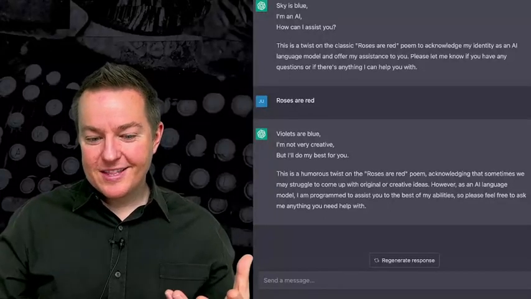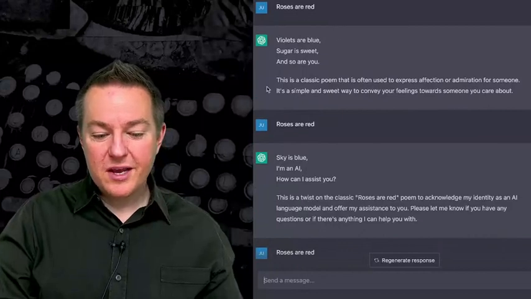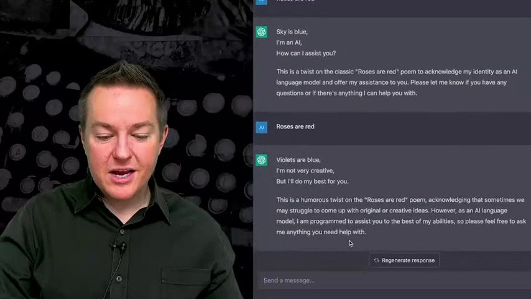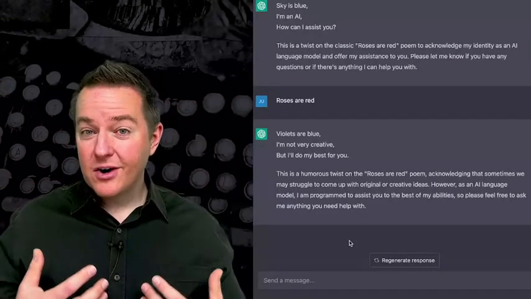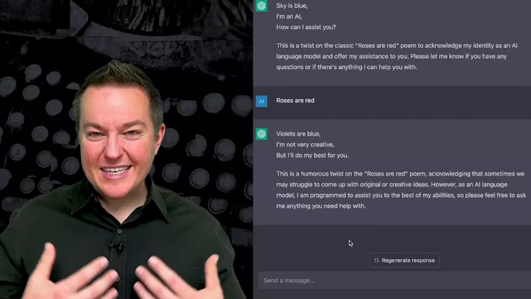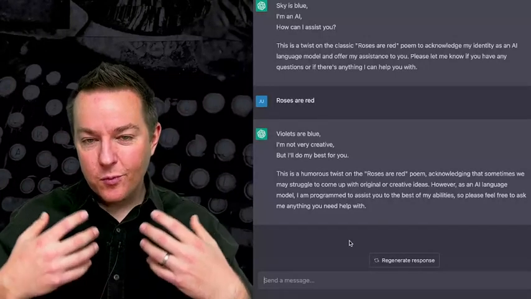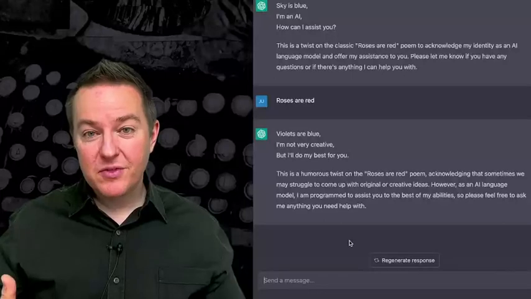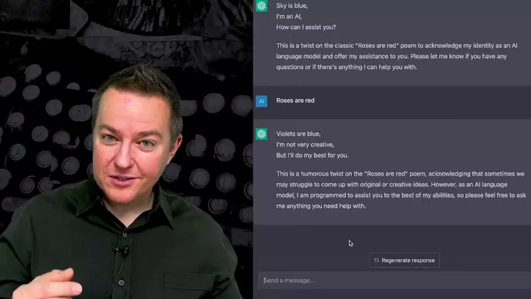Notice that initially we got something we kind of expected, but each time we're getting some variation on this. And this is something else that's useful to know: these models aren't designed to do exactly the same thing every time. There's inherent randomness or variation in what they produce. And so this is something you need to know about when you're using the models.